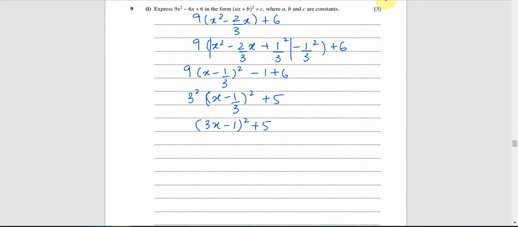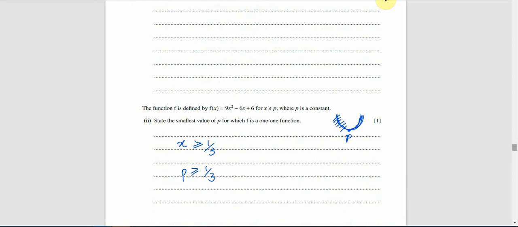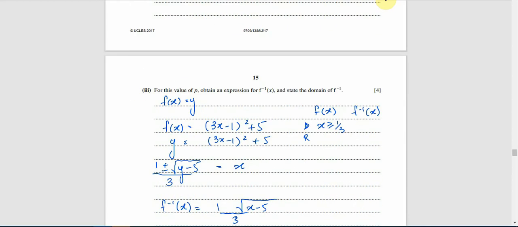This is the y coordinate of the vertex, so your range is going to be f(x) greater than or equal to 5. So the domain of f inverse x is going to be the range of f(x), greater than or equal to 5, and your range for f inverse x is going to be the domain of f(x), which is 1 upon 3.